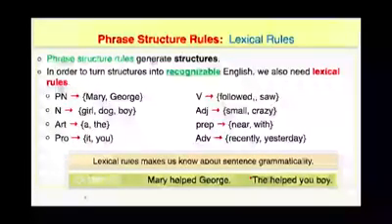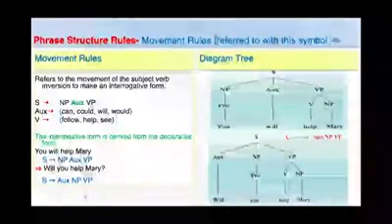We do not accept that determiners can make subjects. So this is how we judged that the second sentence is ungrammatical. So finally, we can say that lexical rules make us know about sentence grammaticality, as we said.